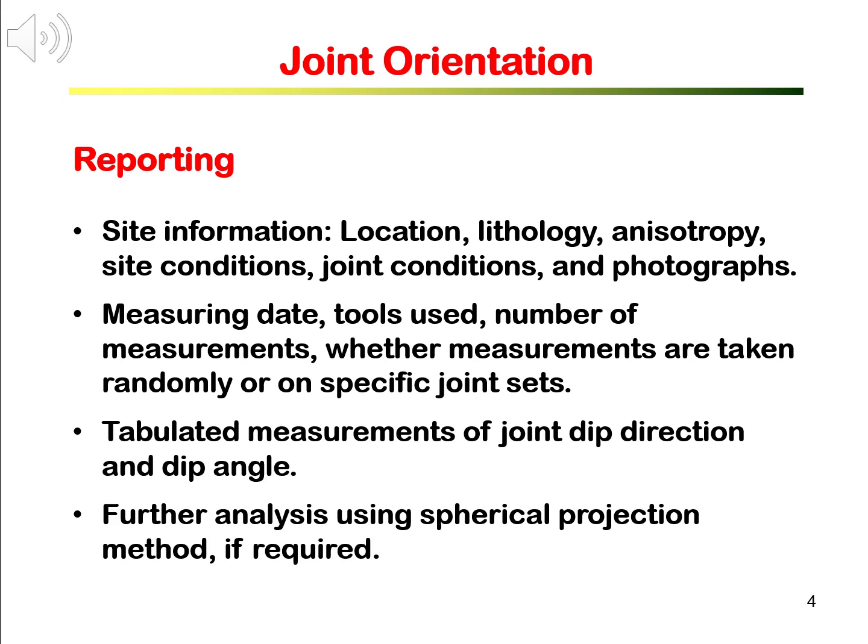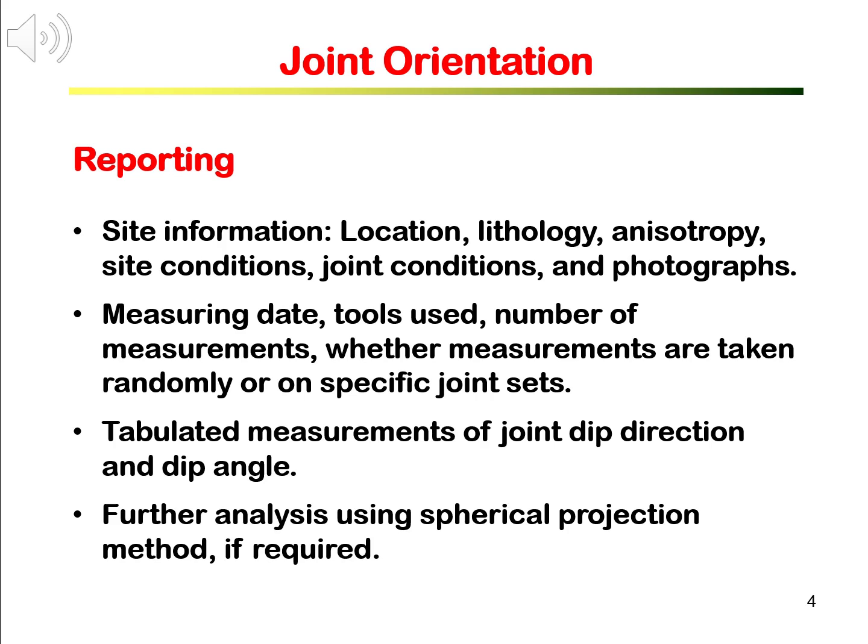To report the measurements, we need to include: A. Set information, such as location, lithology, anisotropy, set conditions, joint conditions, and of course, photographs of the rock face. B. Measuring information, such as the date, the tools used, the number of measurements, whether measurements are taken randomly or on a specific joint set.